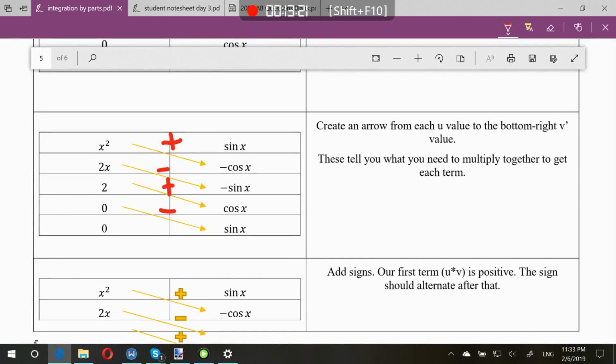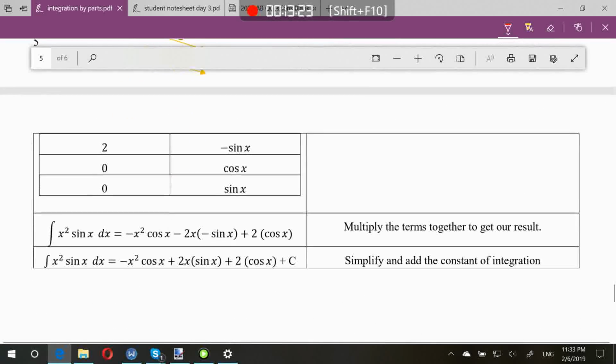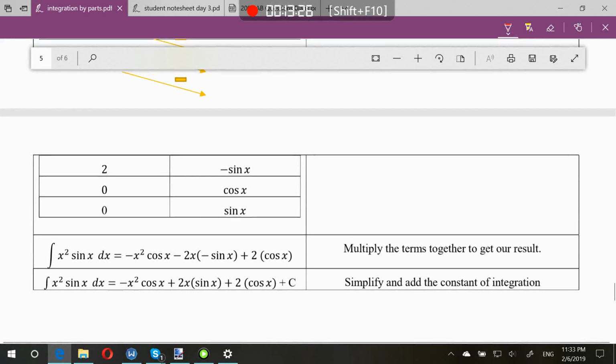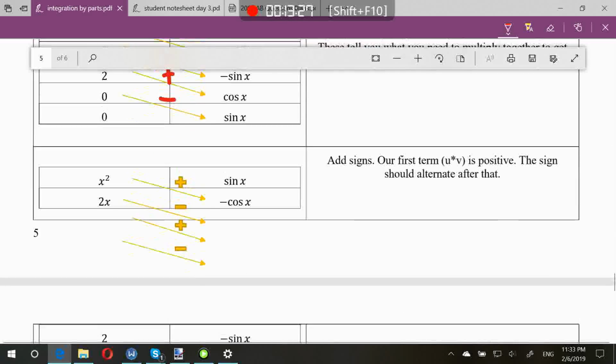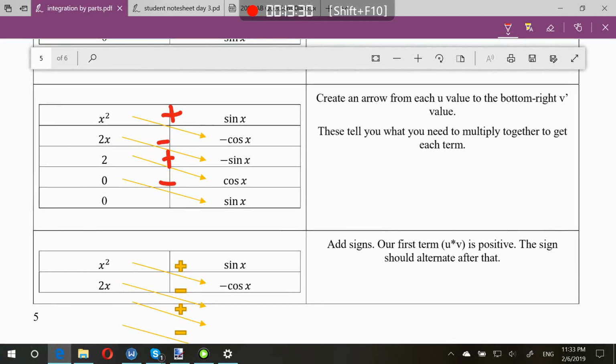Okay. So then my integral for this should be equal to what happens if I put this all together. So when I multiply these together, I'll get this. Our original problem was the integral of x squared times the sine of x, which should be equal to my first two terms, x squared times the negative cosine of x, and it's positive.